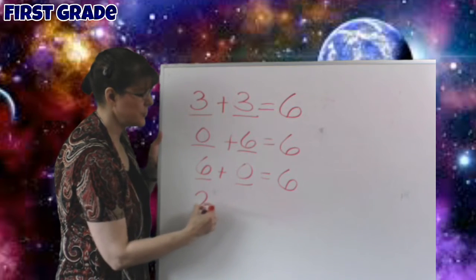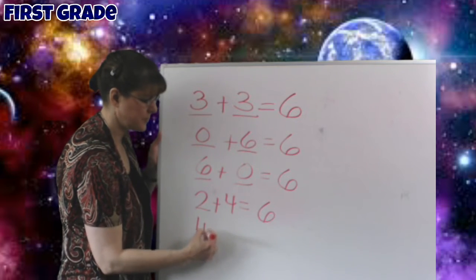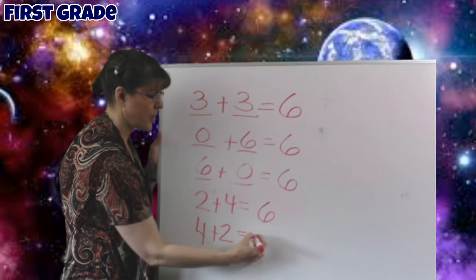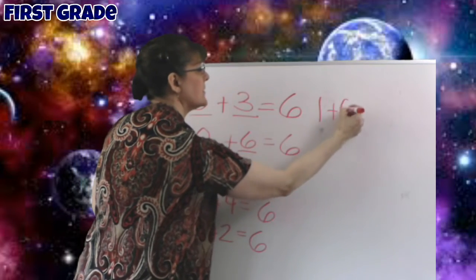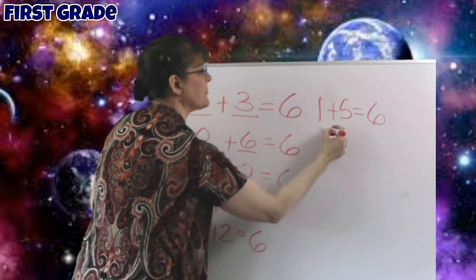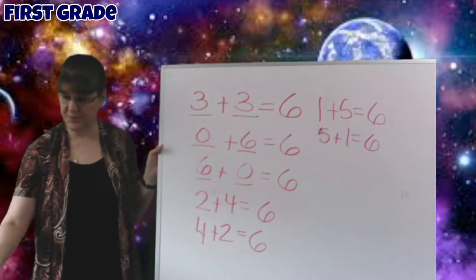You could have 2 in one jar and 4 in the other to make 6, or opposite, 4 plus 2. You could also do 1 plus 5, or 5 plus 1. You pick 2 numbers to equal 6.